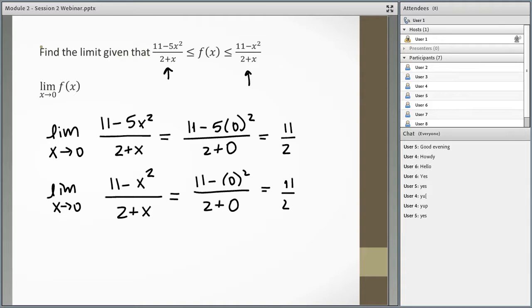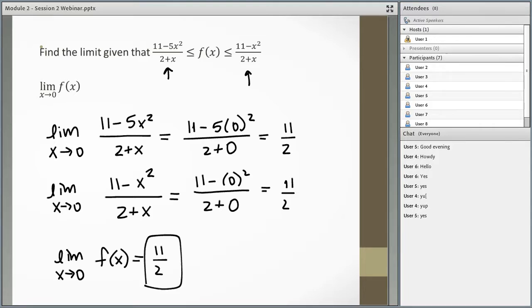So the idea is, because those two functions, one's above and one's below, have the same value, that means that the function in the middle, f of x, also shares the same limit. And like I said, if we had two different values, we couldn't make this conclusion. But because they're the same, we can conclude that the limit of our function as x approaches 0 is also 11 over 2.